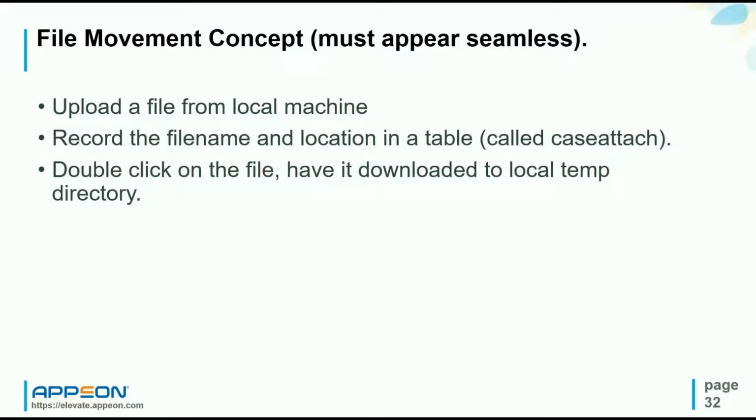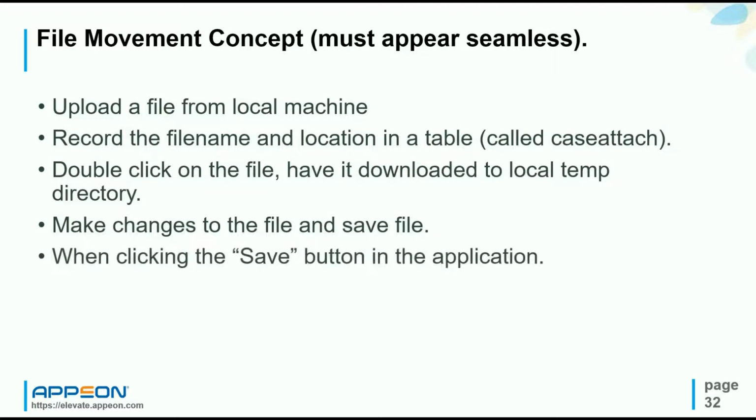Now I know, and you know, that I have to move that file from the cloud back to the local in order to manipulate it. However, I don't want the user to have to understand that to any length. And then I want to be able to make changes to the file and save the file. And again, make it look like they've been working with it locally all along. And so the way that I got around this is when you click the Save button in the application, it's actually bringing the file back to the server.